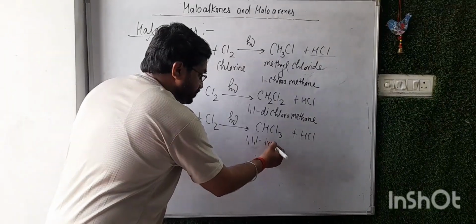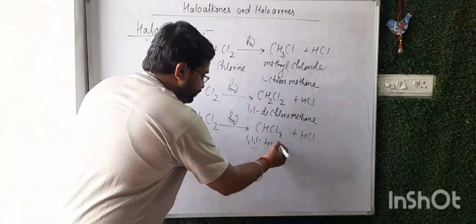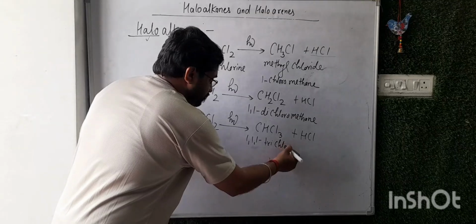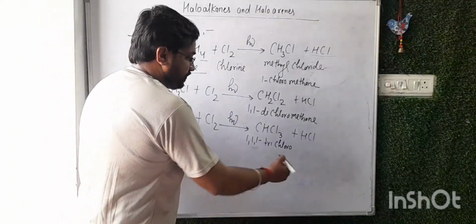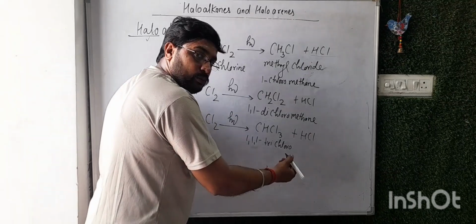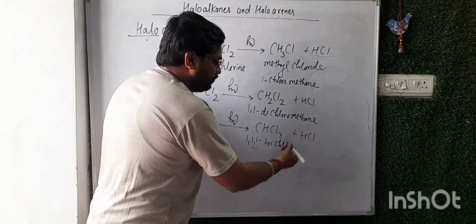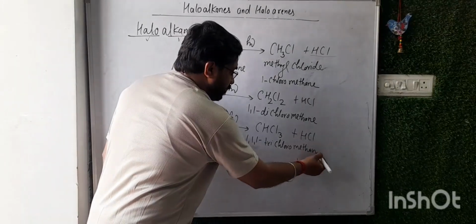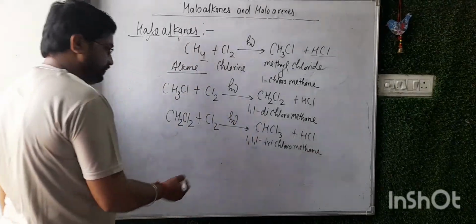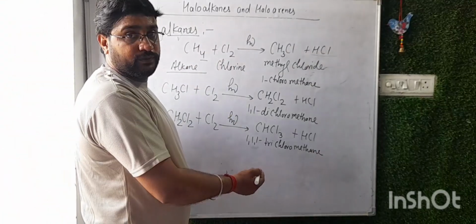So we use the term trichloro. For chlorine we use chloro, for bromine bromo, for iodine iodo, as one comes from there. This is their IUPAC name.